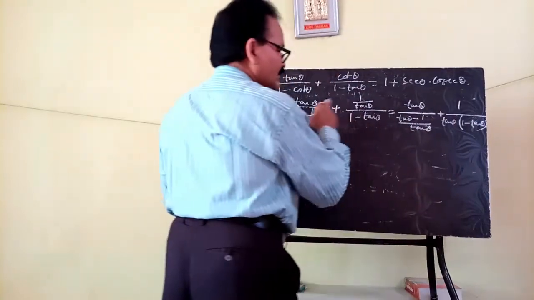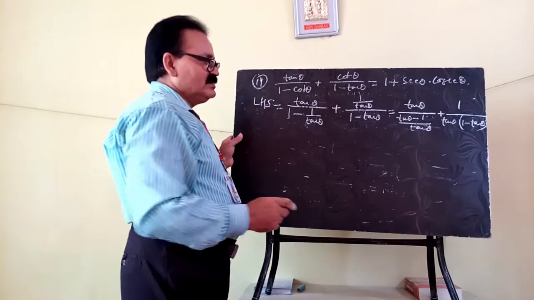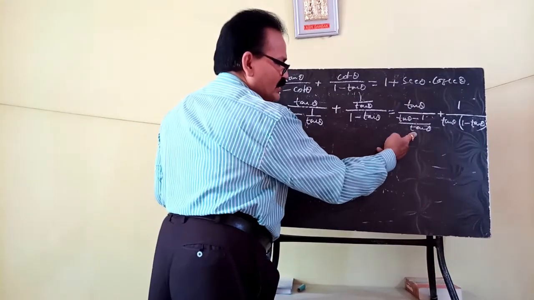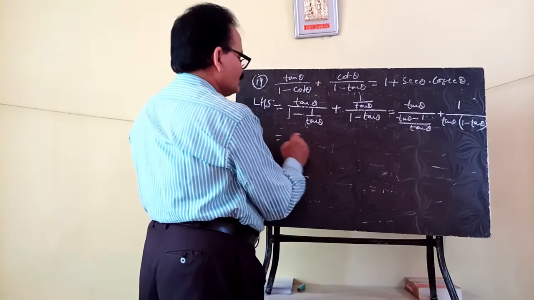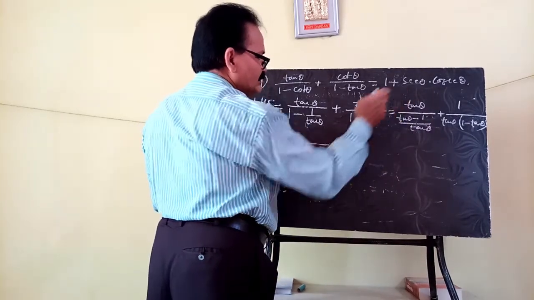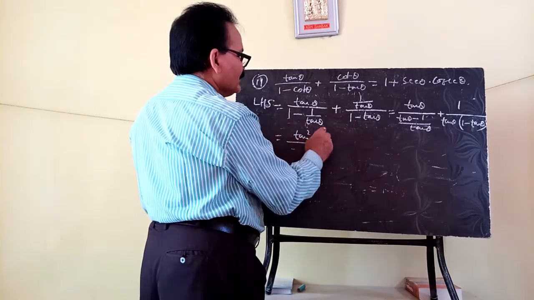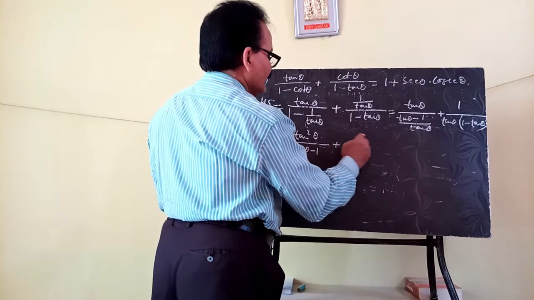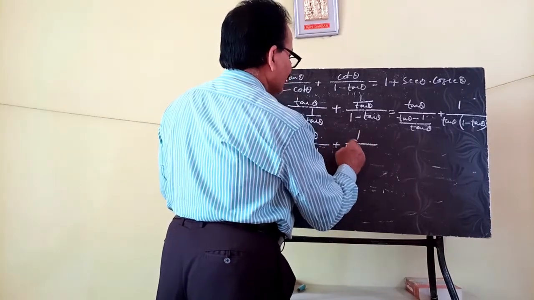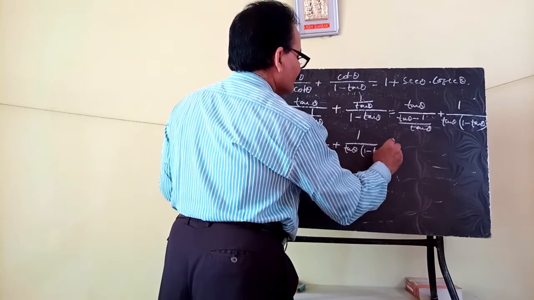So that tan theta in the numerator comes here in the denominator. Now again the denominator of the denominator becomes the numerator, so this tan theta will go upside. So after that this tan theta and this tan theta come upside, so this will be your tan square theta, and here it is tan theta minus 1 plus 1 by tan theta into 1 minus tan theta.